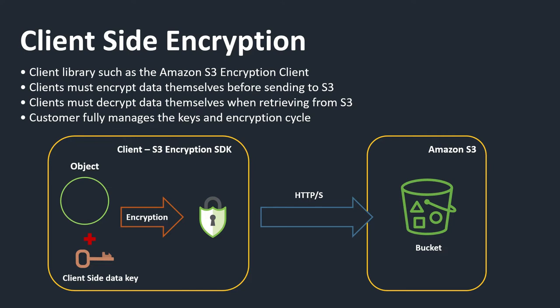The encryption will happen client side, so the object is going to be fully encrypted on the client side. Then we are going to just upload that already encrypted object into Amazon S3. Okay, so those are the four types of encryption. Hopefully that makes sense.